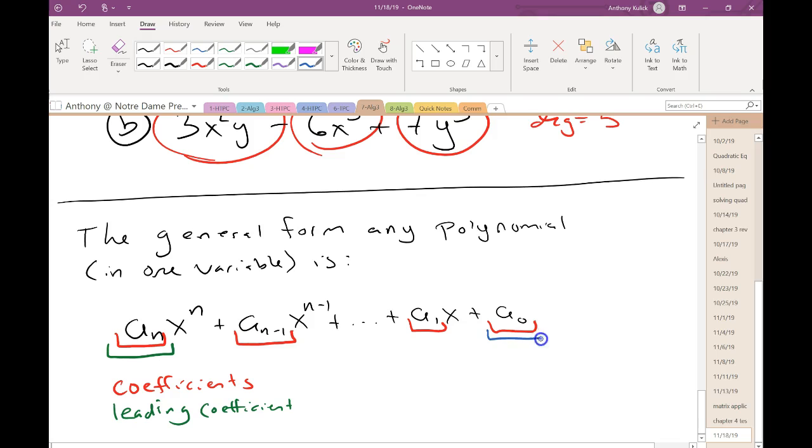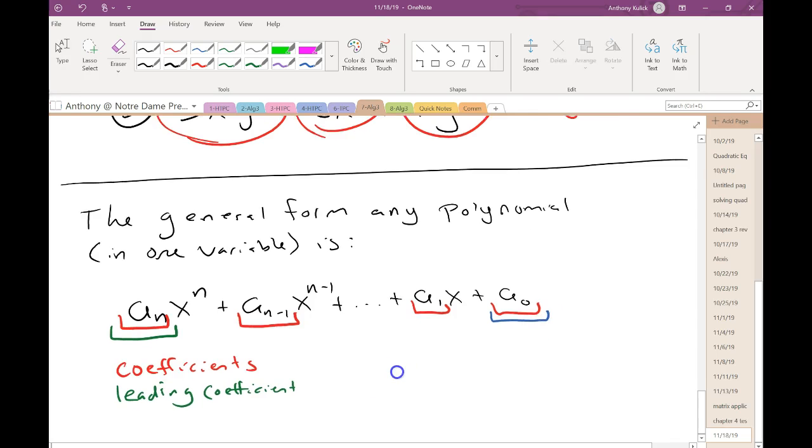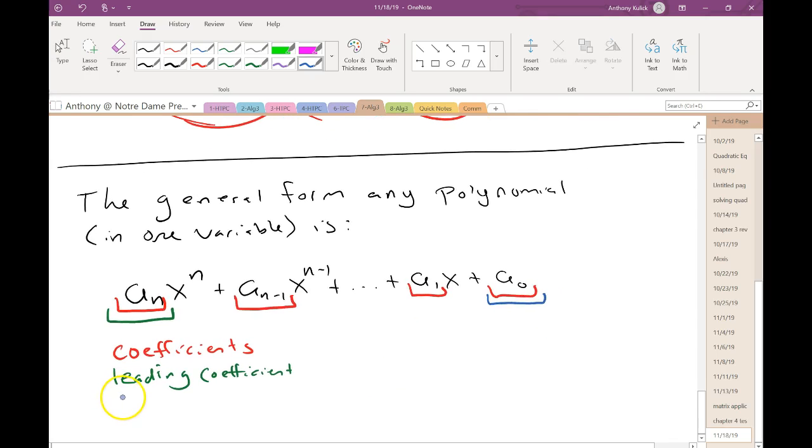And this one is a special one. This one is called the constant. Why do you suppose we call it that? Well, there's no variable to it, right? Yeah, no variable.